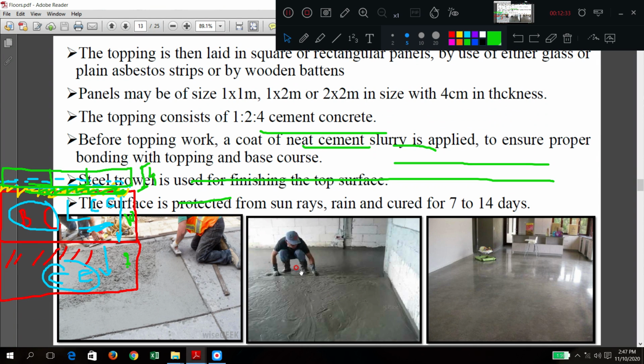Here the straight edge is used to make it level, and he is using a wooden float and hitting with it till the cream appears on the surface. Later the trowel is used to make it a very smooth surface.